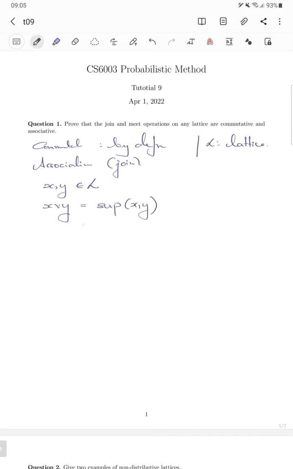But what is the definition actually? Supremum is another name for join. Yes, sir. Okay, but continue.